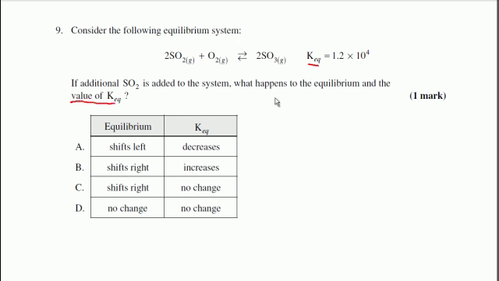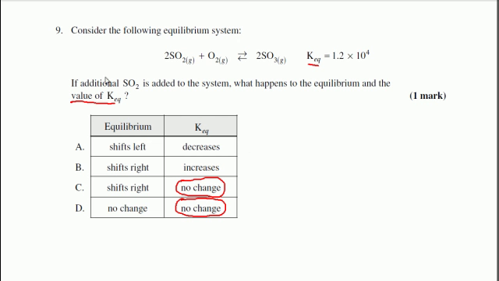As I tell my students, there's only one thing that is going to be changing KEQ values, and that is temperature. The temperature is not changing here. So you already know that your answer is going to be KEQ, no change. You know it's going to be one of these two, C or D.